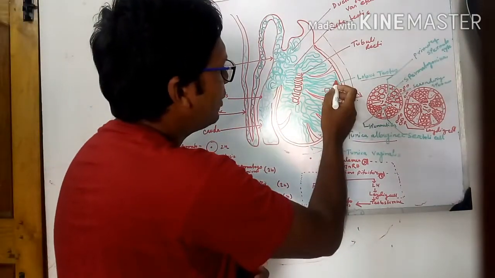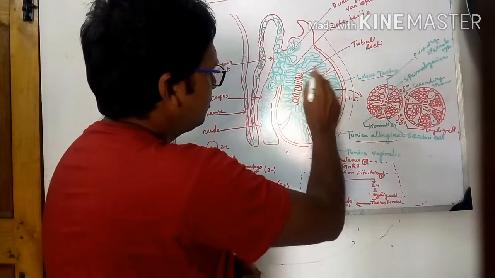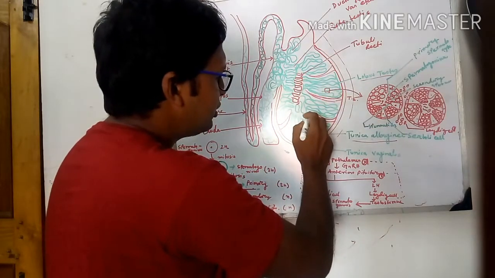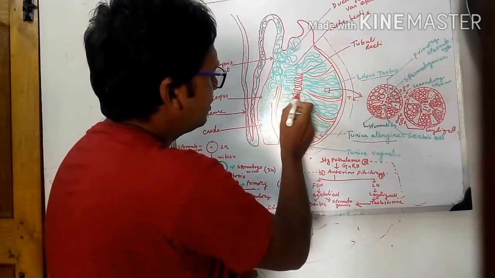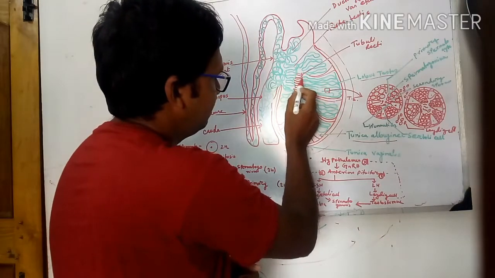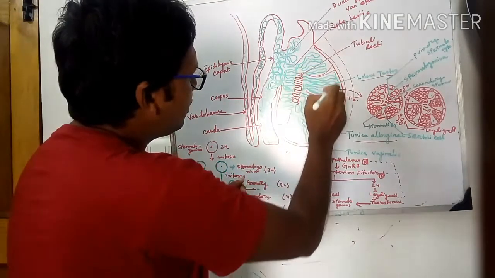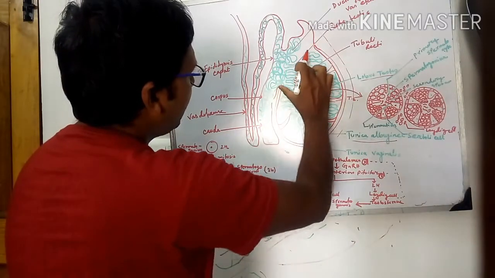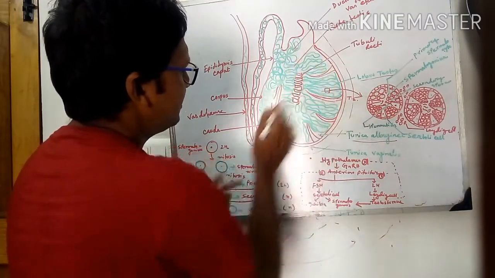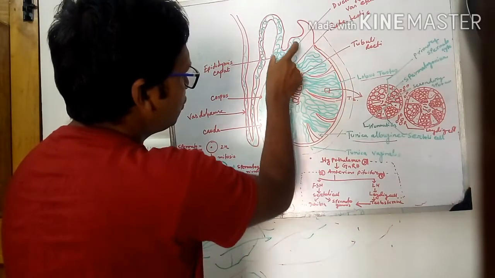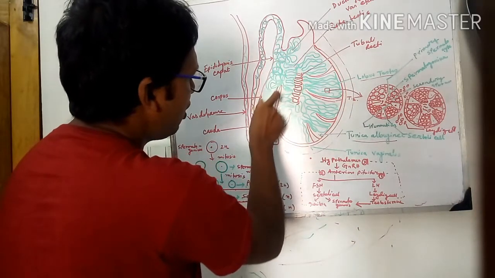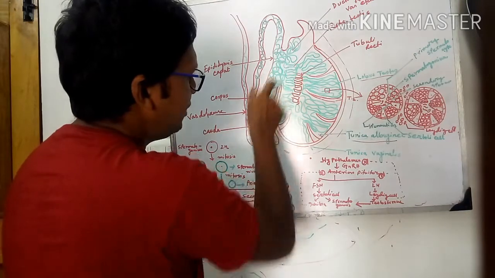This is called lobus testis, and these convoluted tubules form a straight structure. When they come together, these convoluted structures release from the testis to a secondary structure here, also a long structure. This is called the epididymis.